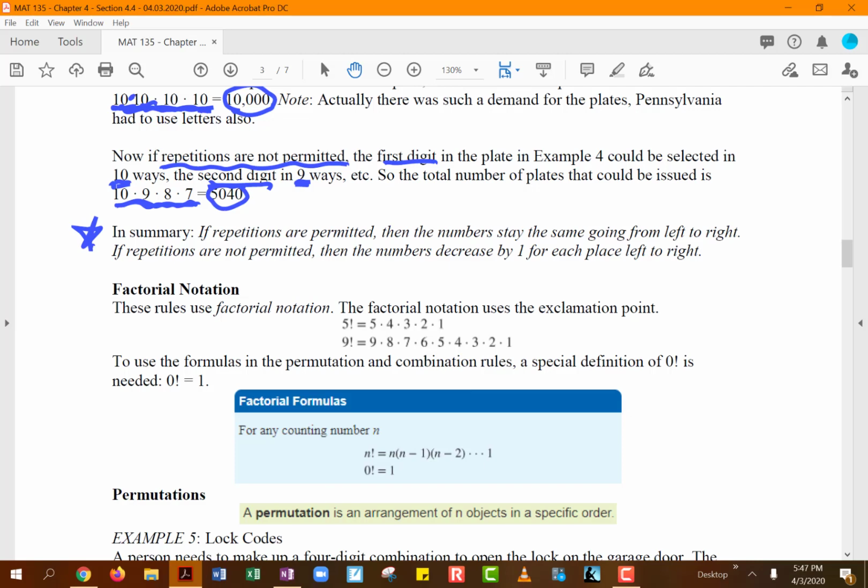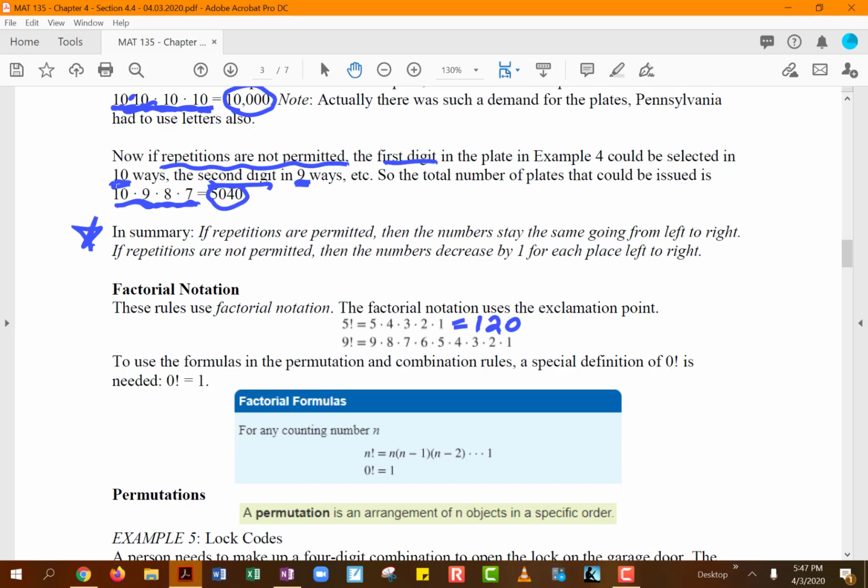If you multiply these, then your 5 factorial comes out to be 120. In that same way, 9 factorial will start at 9 and keep going down, 9, 8, 7, 6, till you get to 1 at the end.